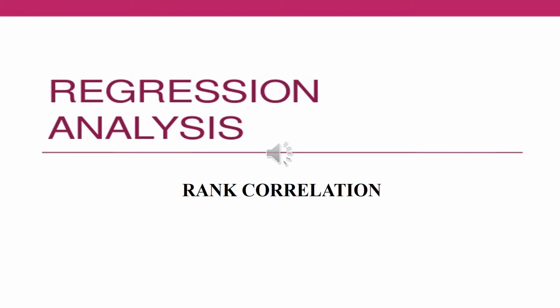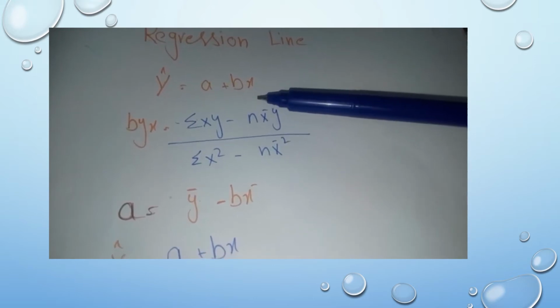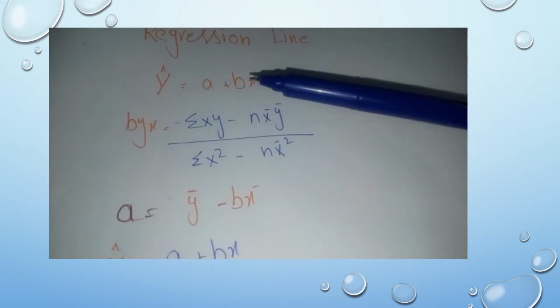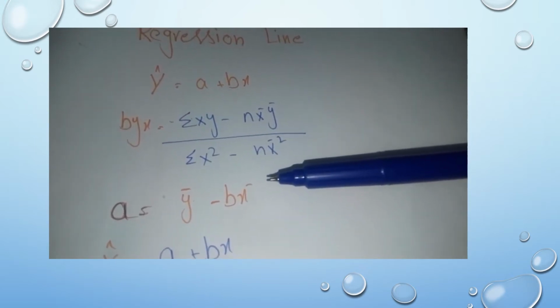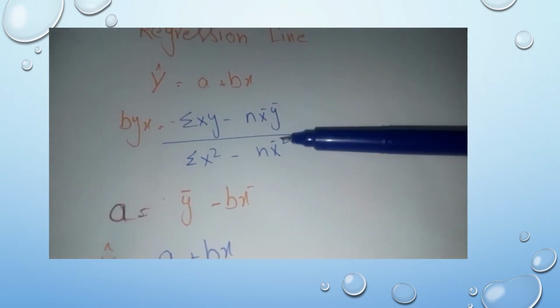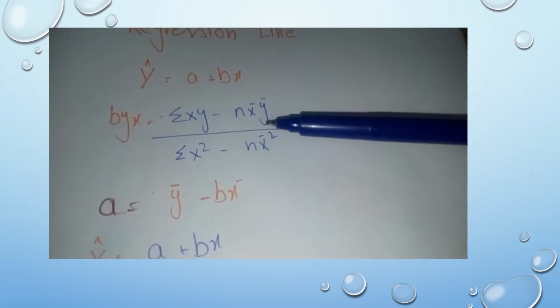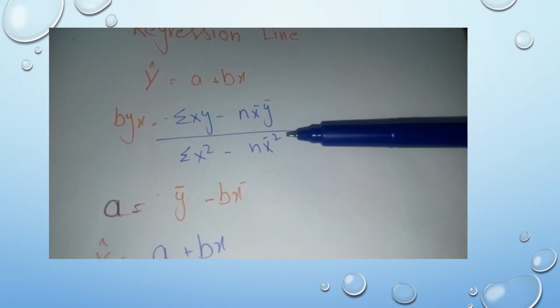What is the formula of the regression line and how do we calculate the sum of the error? Regression line: this is the formula. Y hat is equal to a plus bx, and if we find the regression line y on x, b is equal to summation xy minus n, where n is the total number, x mean y mean, divided by summation x square minus n x mean square.